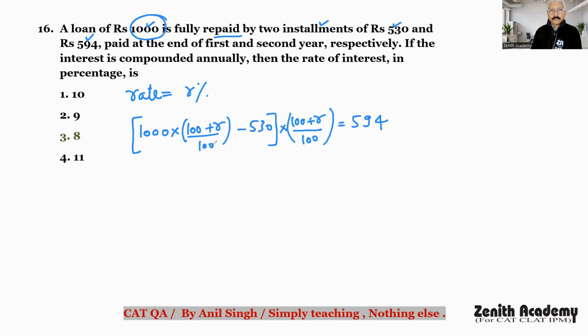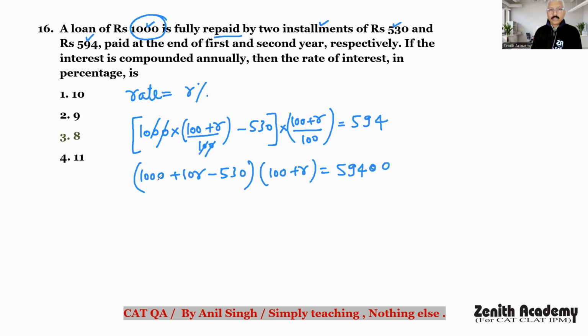So here it is (1000 plus 10R minus 530) into (100 plus R) is equal to 59400.